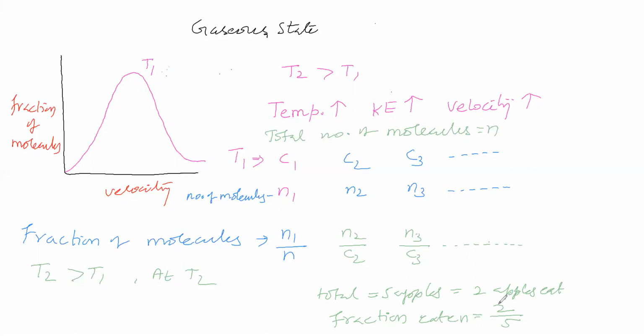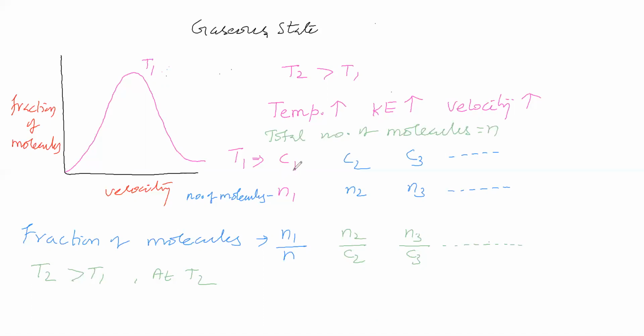Like this, the total number of gaseous molecules is N. The number of gaseous molecules having velocity C1 is N1. So what is the fraction of molecules having velocity C1? The number of molecules having velocity C1 by the total number of molecules. This is called the fraction of molecules having velocity C1. Fraction means something by total.